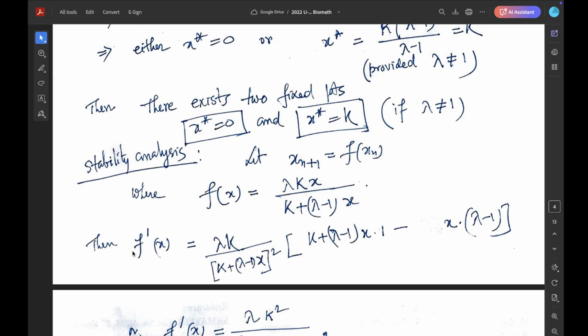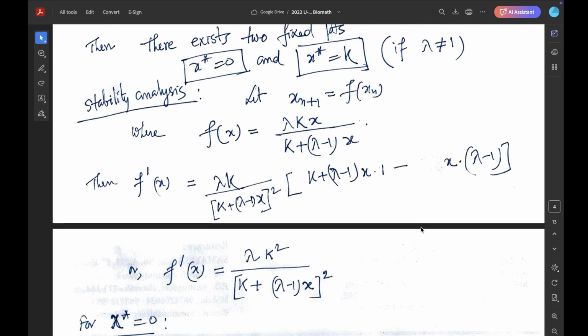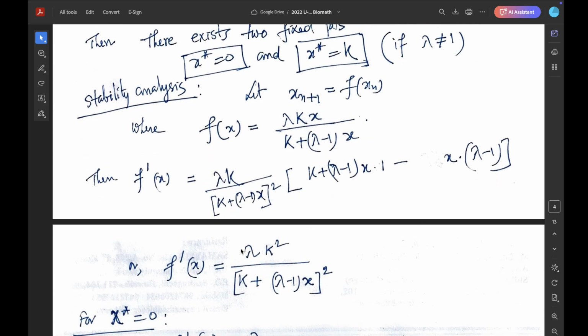Find the derivative with respect to x, f dash x, with lambda k constant, by the u by v method. Simplifying, f dash x equals lambda k square divided by the bracket k plus (lambda minus 1) x whole square.